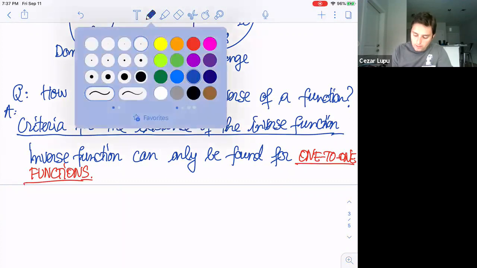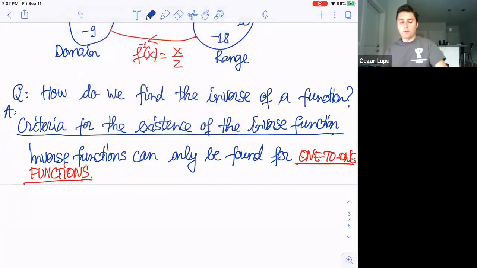So we have to deal with one-to-one functions. That's the only way we can find the inverse of a function, right? All right.